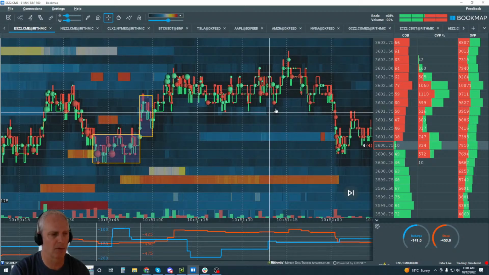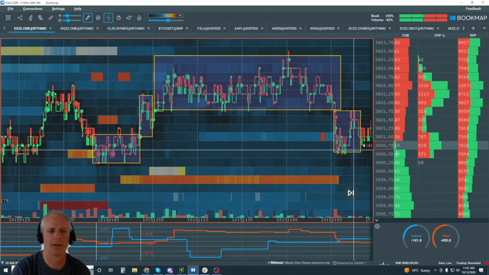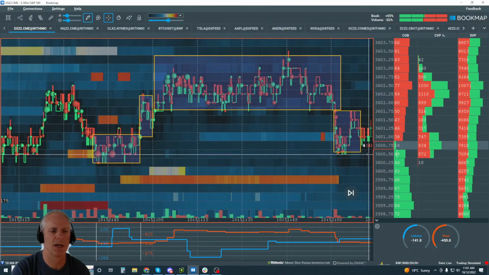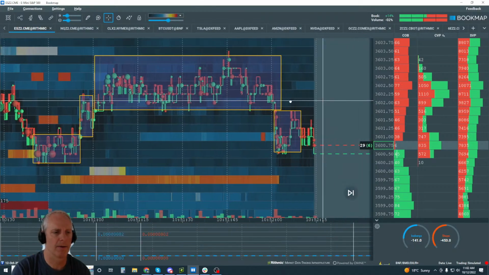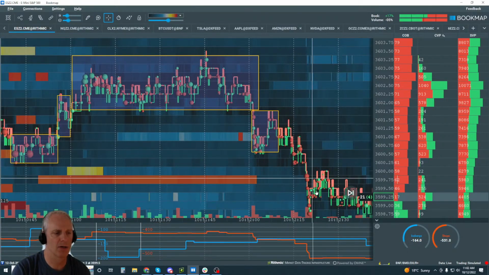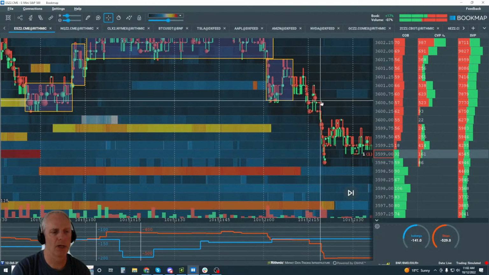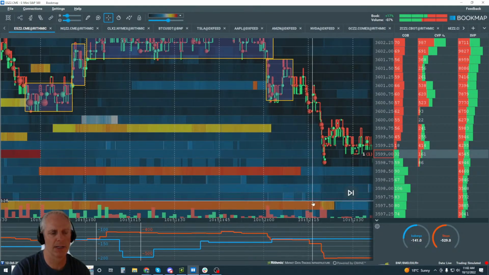Okay, so let's get back to our rectangle. Rectangle here and a rectangle here. Okay, back to the previous range in here. Now we're looking to see if we get enough sellers here to drop it, and we do. Okay, now we're looking for them to make a deal with buyers, and the buyers are down here at these levels.